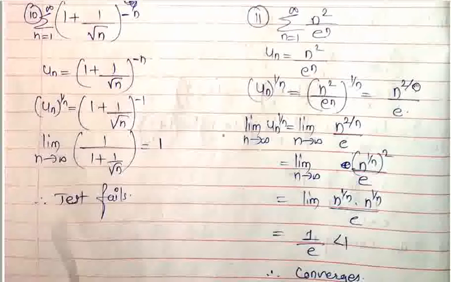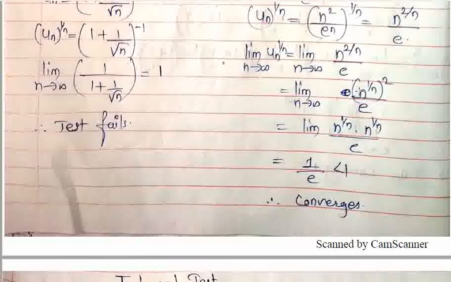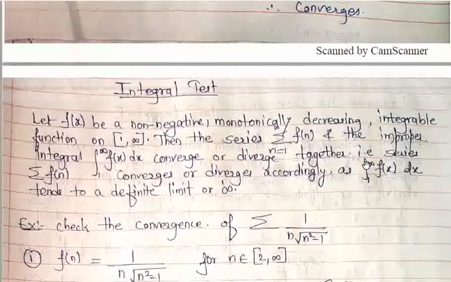Sorry, you get 2 divided by n. And e is to the power of n, so this cancels down to 1. So e. So this can be rewritten as this squared. And you want to rewrite this as the multiples of these two. The multiples of these two equals this, which is 1 by e, which is less than 1, so it converges.